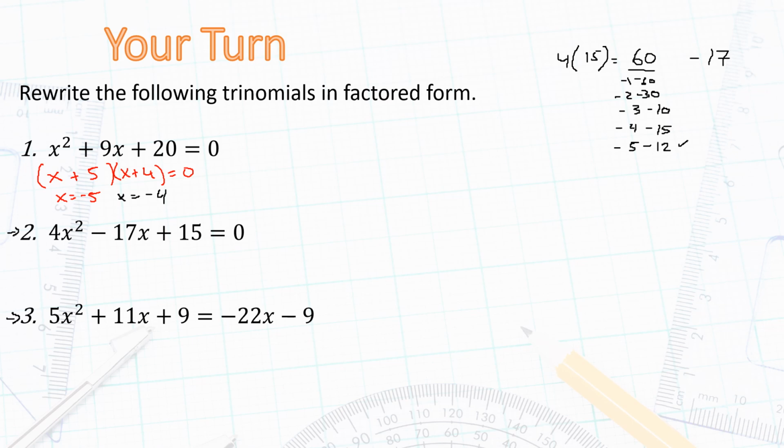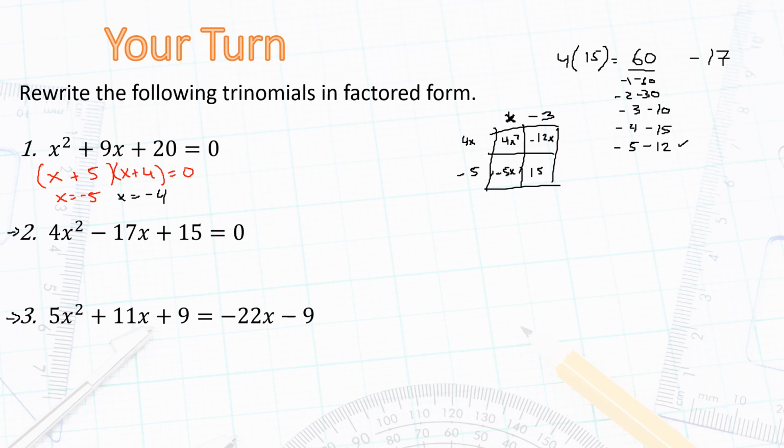Get my box out. So we got 4x squared in the top, 15 in the bottom, and then minus 5x and minus 12x. 4x squared, we're going to split that into 4x and x. 4x times blank is minus 12, that's minus 3. x times blank is minus 5, that's minus 5.